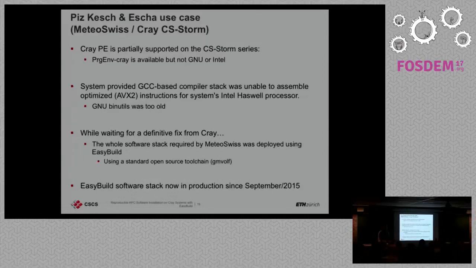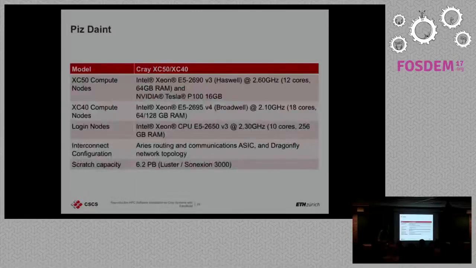It took us a couple of weeks, and now this software stack has been in production for more than 1 year. Our main use case, I move on to PitsDyn, which is our main flagship system. It's a GPU-based system. It has two partitions.